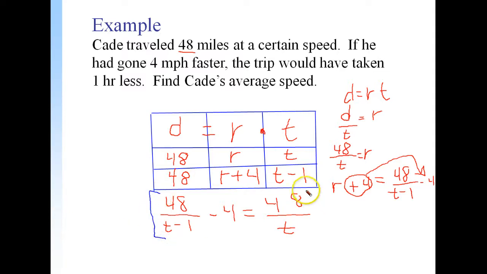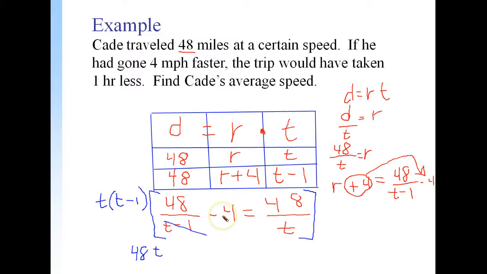I have to multiply this equation by t and t minus 1. That is my common denominator. So here I get 48t, because these will cancel out with that, and I get 48t.